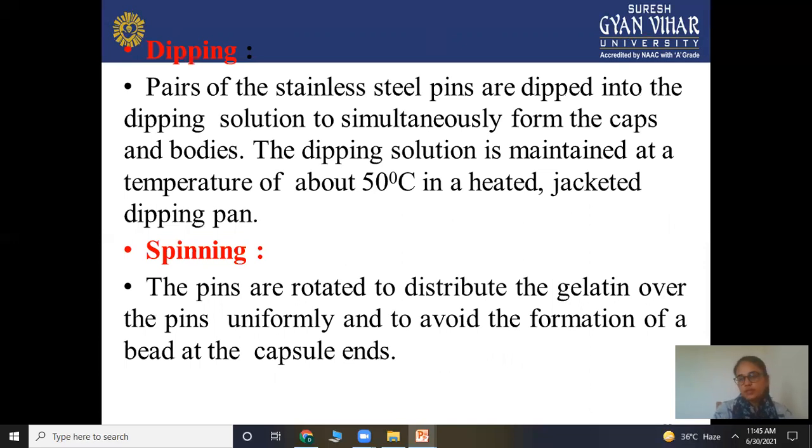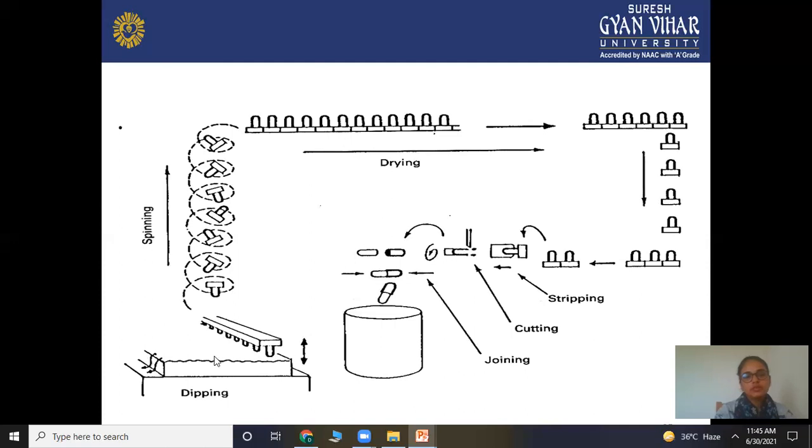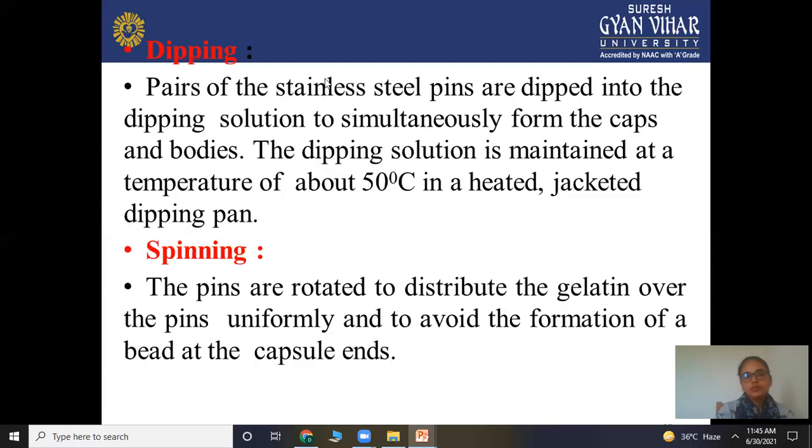The first step is the dipping procedure. Here the solution is present. Pairs of stainless steel pins are dipped into the dipping solution to simultaneously form the cap and body.